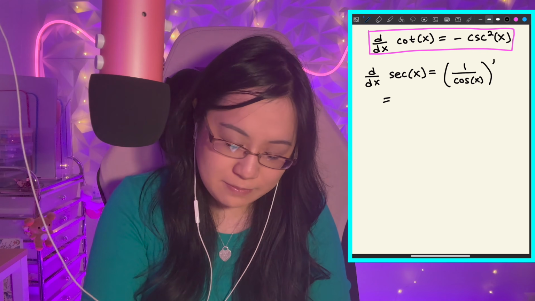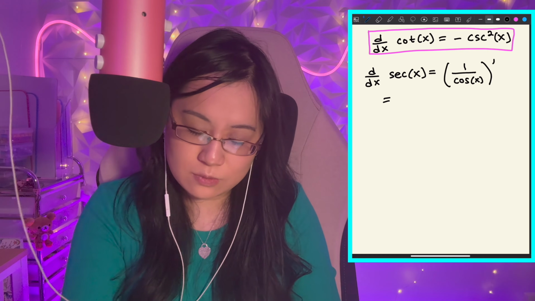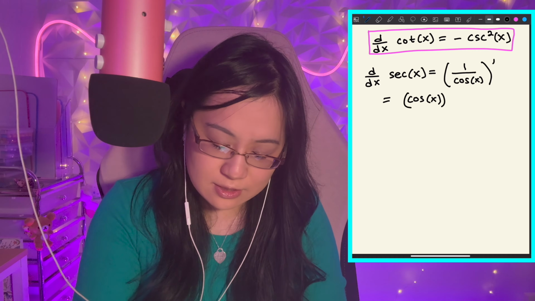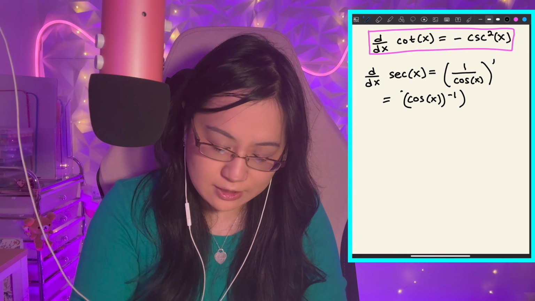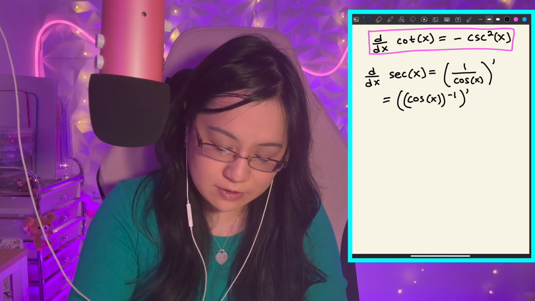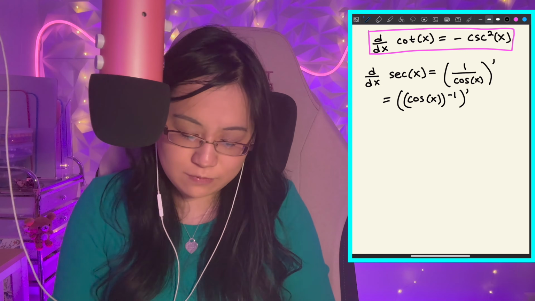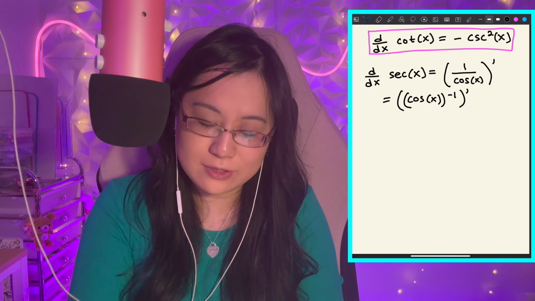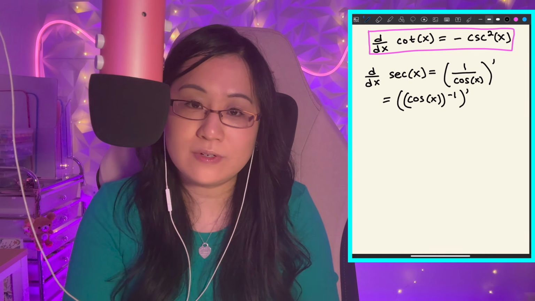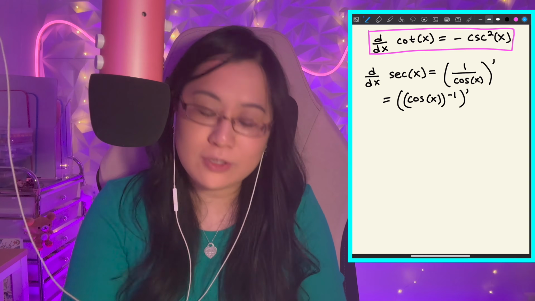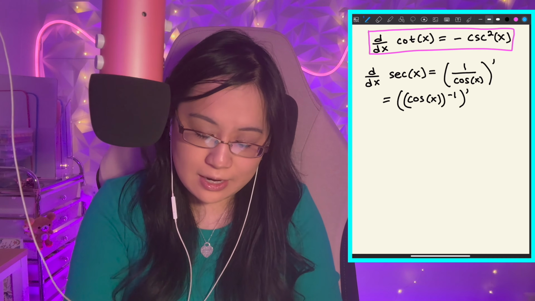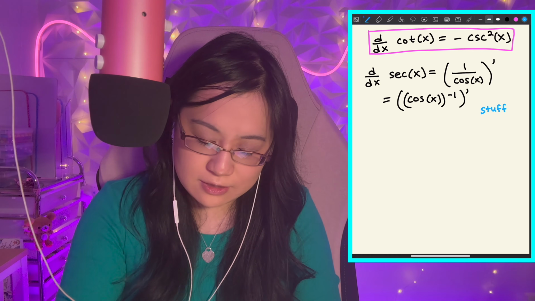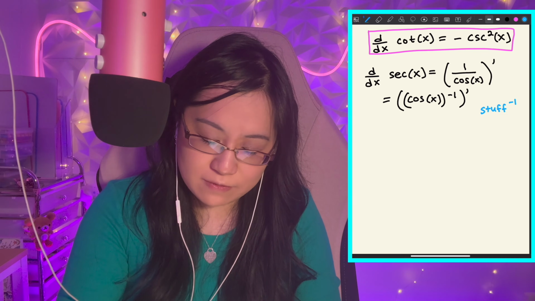just so that we can do a different derivative rule. I'm gonna write this like this: 1 over cosine x is cosine x inverse, like this, and then we're gonna take the derivative of that. I might have gone overboard with parentheses, but that's okay. So we're taking the inverse of cosine and taking the derivative of that. So the way I'm looking at this one is I have a function, so it's basically like stuff to the power of -1.